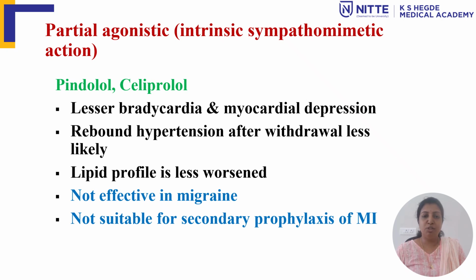Rebound hypertension happens because the receptors become supersensitive, right? So that is unlikely here. Lipid profile is less worsened, but they have disadvantages. They are not effective in migraine and they are not suitable for secondary prophylaxis of MI.